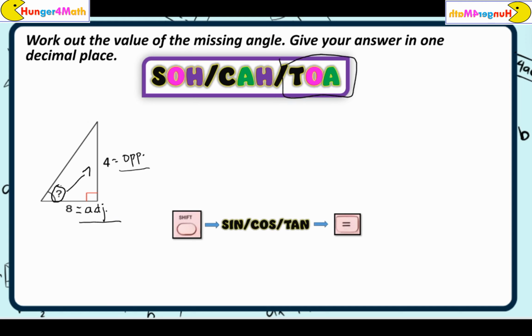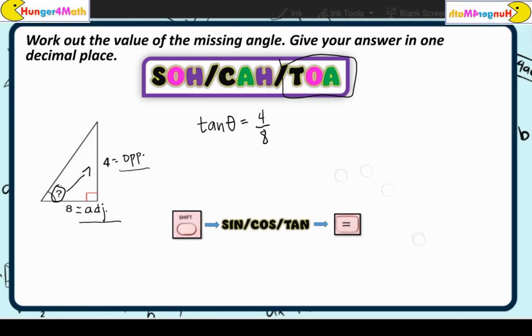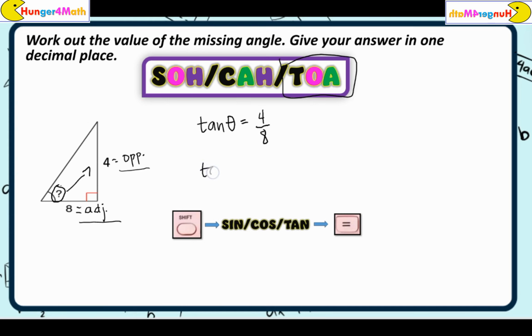And TOA is tangent theta is equal to opposite, that is 4, over the adjacent 8. Now let's solve. Tangent theta is equal to 4 divided by 8, which is 0.5.